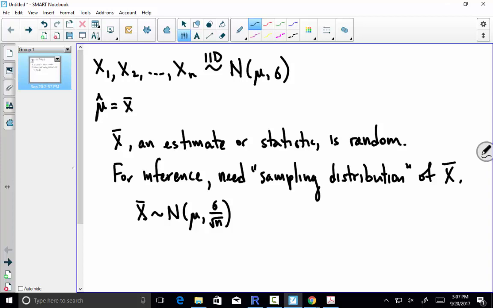With data, we have an estimate, which is a statistic, and a statistic is random, so it has a distribution. Sampling distribution is the special term for the distribution of a statistic. And before we can get p-values and confidence intervals, we need to know or be able to approximate what the sampling distribution of our statistic is.